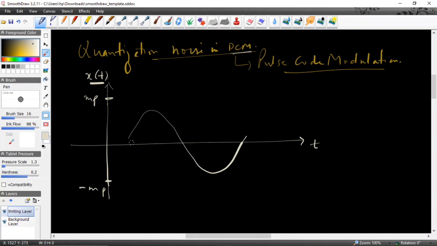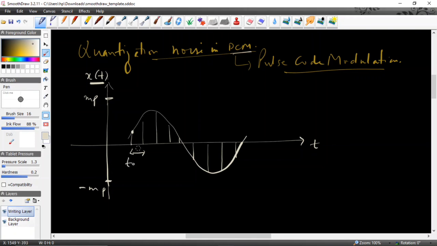We first sample it. Sampling means that we are basically converting the continuous time signal into a discrete time signal. So we have a sampling interval here. The signal samples are taken at discrete instants of time. So you take one at maybe t naught.